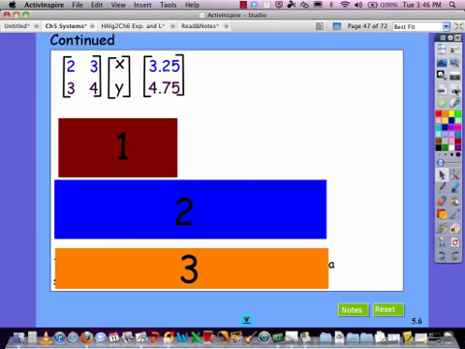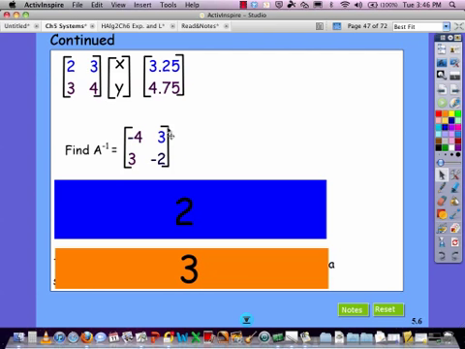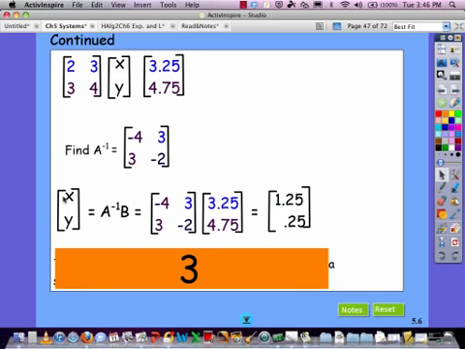using matrices. Here's the work. First, figure out if we have an inverse. -4 times -2 is 8. 3 times 3 is 9. 8 minus 9 is a -1. We definitely have an inverse, so we work through that process.